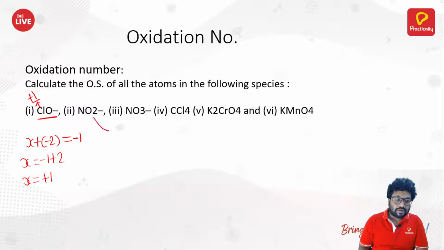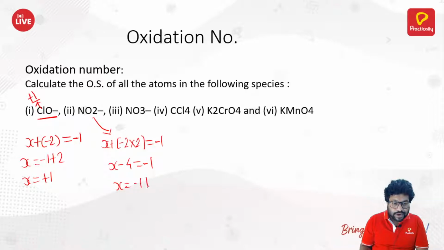Now NO2 1 minus. Again nitrogen X, 2 oxygen minus 2 into 2 is equal to minus 1. So X minus 4 is equal to minus 1. X is equal to minus 1 plus 4. X is equal to plus 3. So plus 3 is the oxidation state of your nitrogen here.